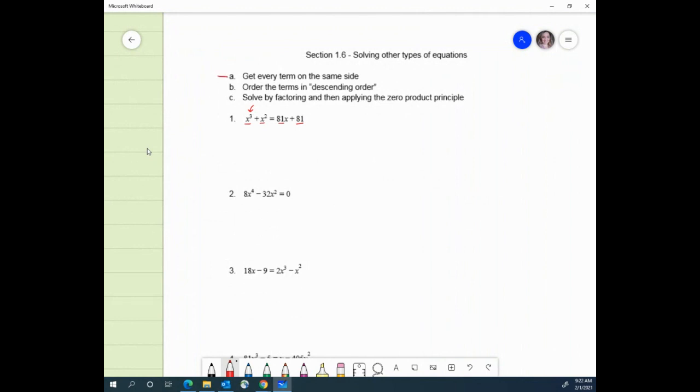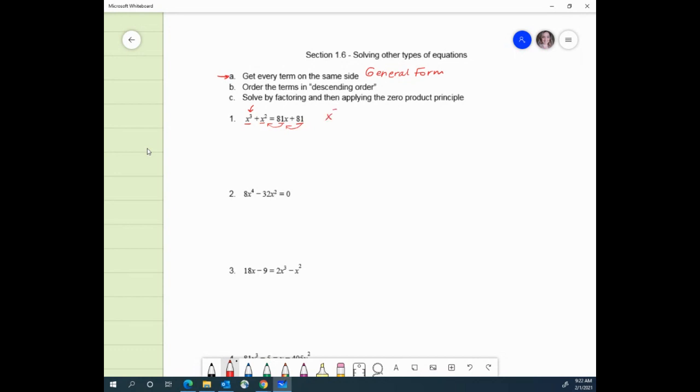So of course, the first step is to get every term on the same side, where this is called general form. It doesn't really matter what equation you're dealing with, putting everything on the same side is putting it into general form. So I'm going to move this 81x over here and this 81. And remember, when it changes sides, it changes sign.